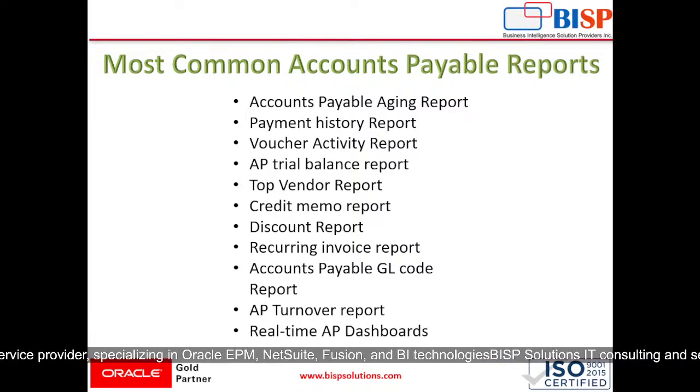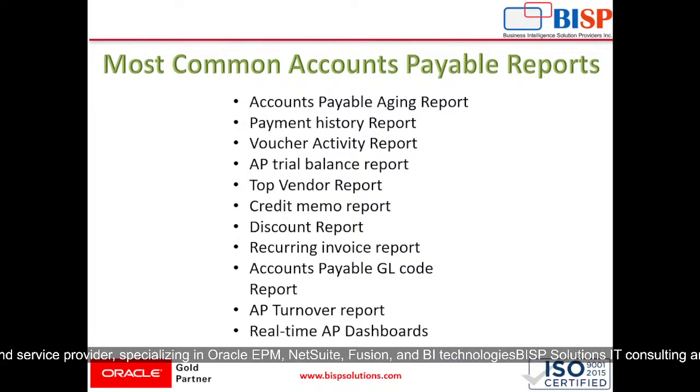Aging reports group outstanding payables by due date, typically in 30-day increments, like current bills not overdue, 1 to 30 days past due, 31 to 60 days, 61 to 90 days, and more than 90 days overdue. A business should run accounts payable aging reports at least monthly, but many companies run them weekly.